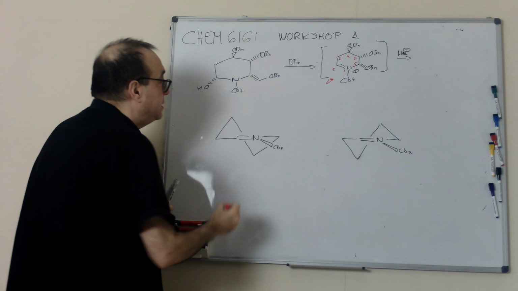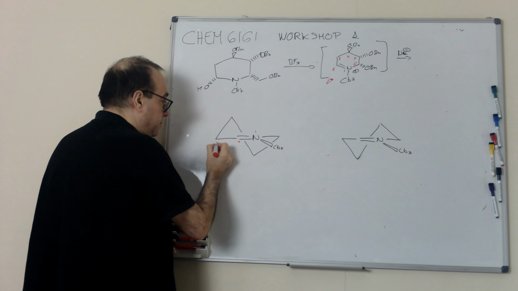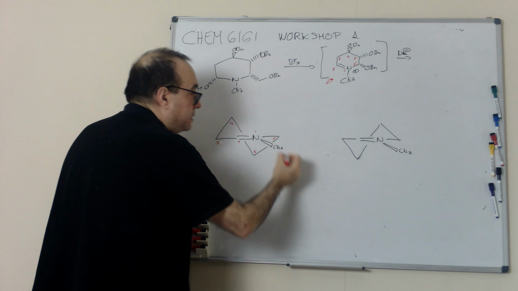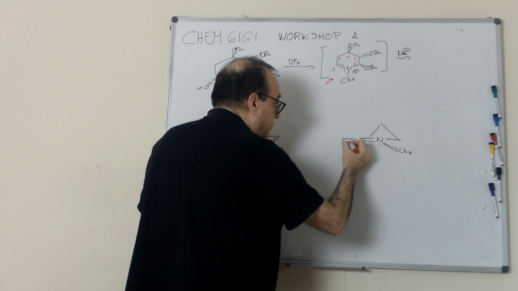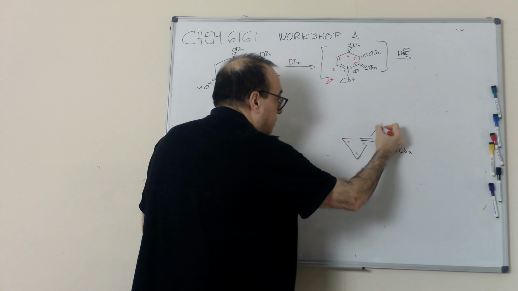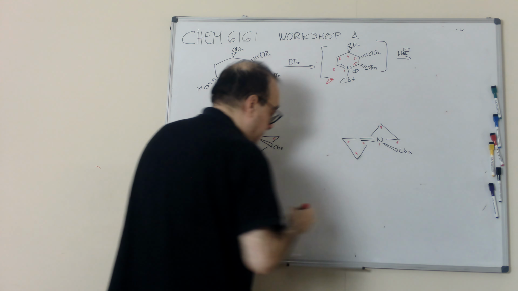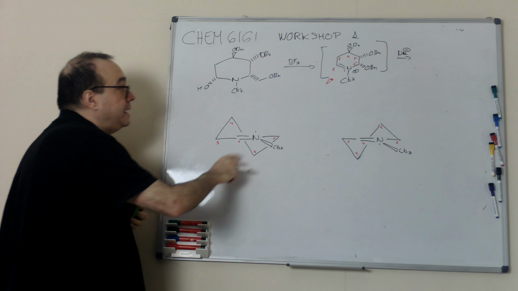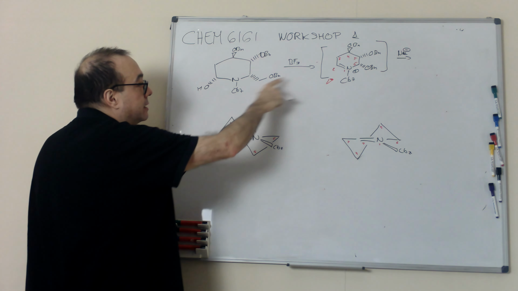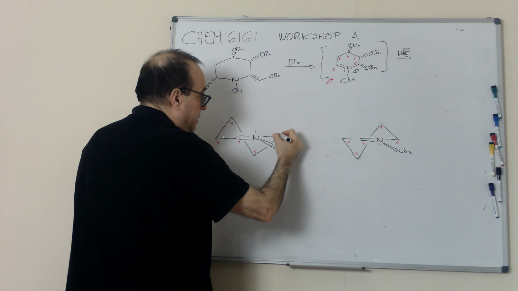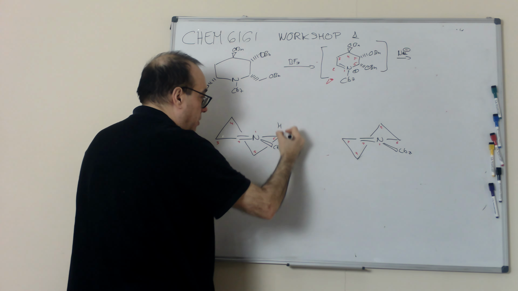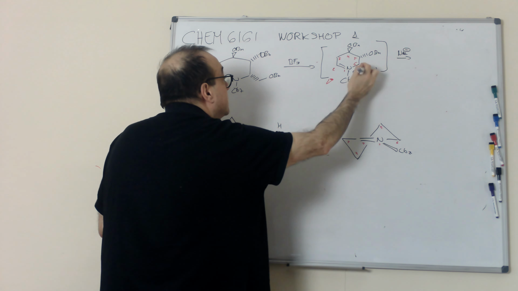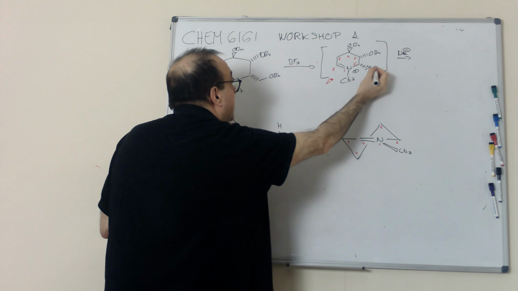Then if we numerate, this is 1, 2, 3, 4, 5, 6. 1, 2, 3, 4, 5, 6. And we will put the substituents. In this case, if carbon 6 is going down, the hydrogen will go up, and here we will have the CH2 benzene.